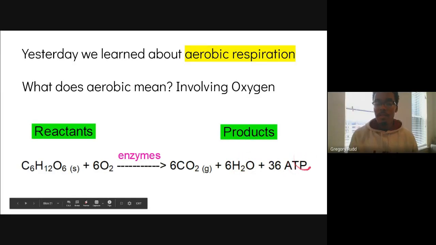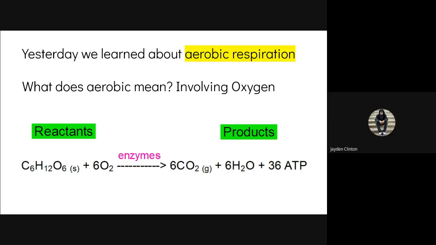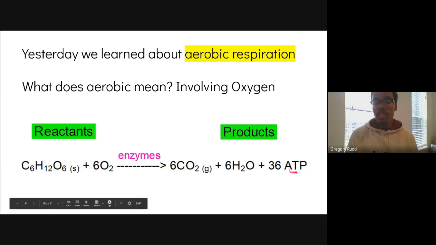And then ATP, does anybody remember what ATP is? ATP, we don't really need to know what it stands for at this level of biology, but we should know that this is energy.